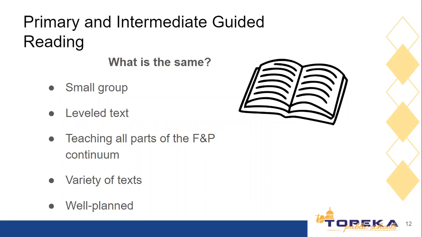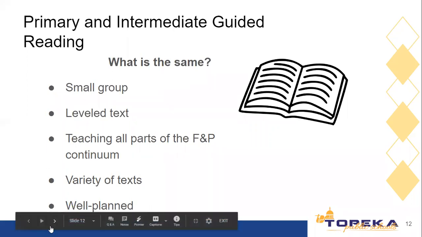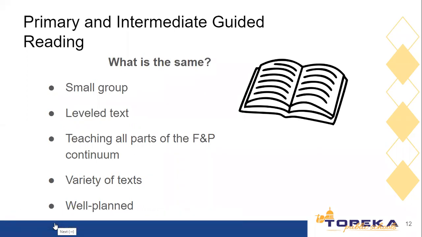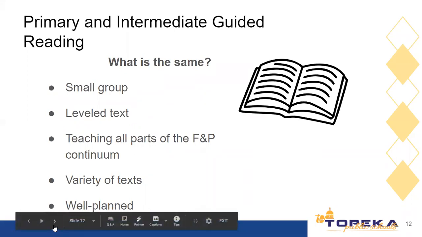Also, you're using a variety of text: fiction, nonfiction, persuasive. You want to expose students to a wide variety of reading material. It is also well-planned. Well-planned instruction means that we're not just picking up a book and teaching it on the fly. We have mapped out the skills that we want to teach, the essential vocabulary words, etc. And we will get to more on planning at the end of this presentation.